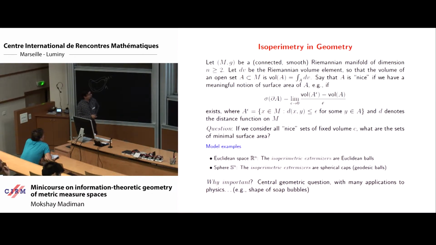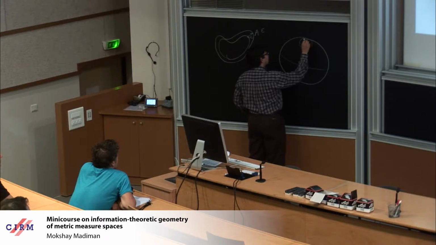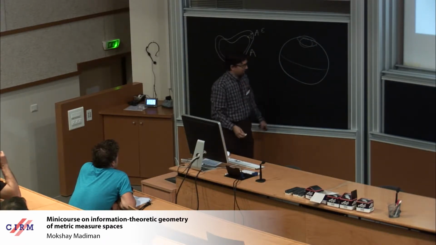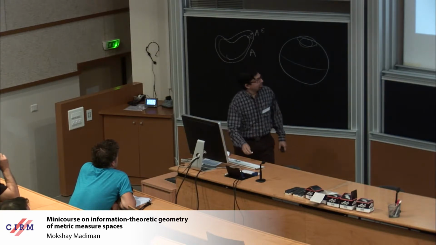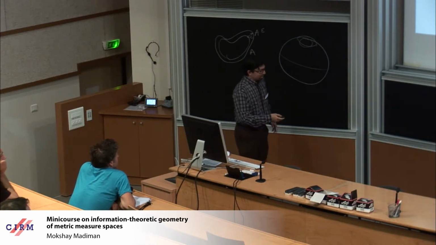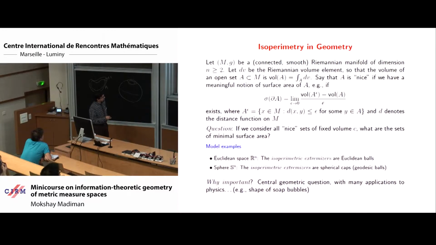Or if you look at the sphere, then the isoperimetric extremizers are spherical caps. A spherical cap is just the natural thing, the geodesic ball on the sphere. And those are isoperimetric extremizers.